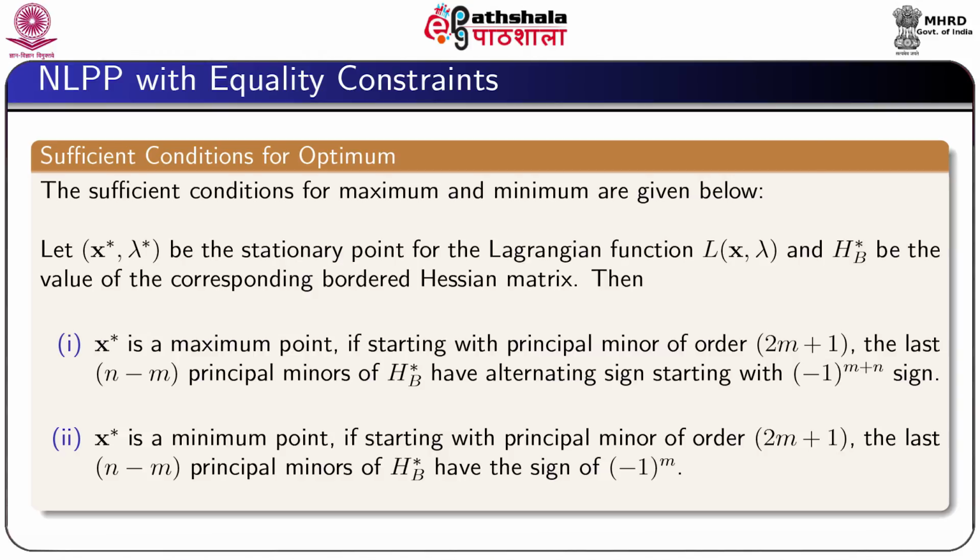Then x star is a maximum point if, starting with the principal minor of order 2m plus 1, the last n minus m principal minors of HB star have alternating signs starting with the sign of (minus 1) to the power m plus 1. X star is a minimum point if, starting with the principal minor of order 2m plus 1, the last n minus m principal minors of HB star have the sign of (minus 1) to the power m.